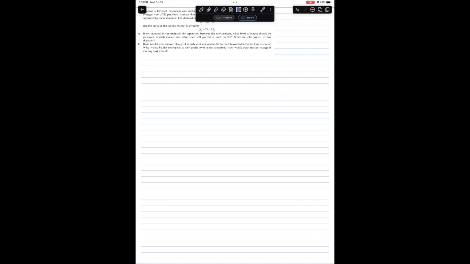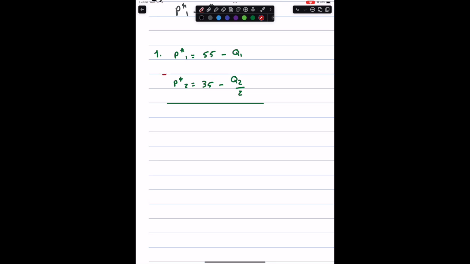Now, if we subtract these two equations, we have P star 1 minus P star 2. And we know it's going to be 55 minus 35, which is just equal to 20. Again, let me make sure I'm doing this right. P star 1, so we're going to do minus Q1 minus negative Q2 over 2.